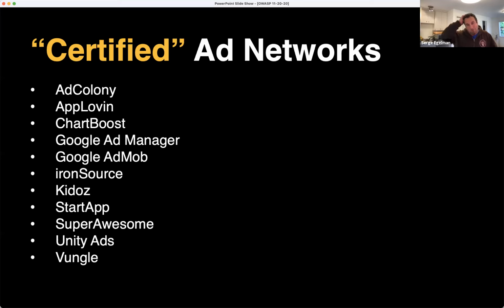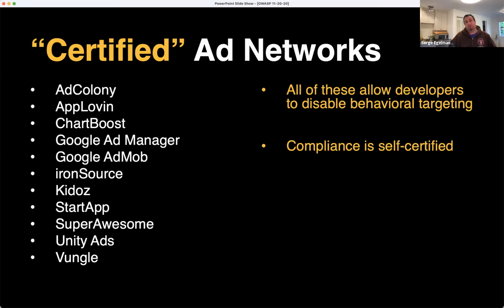And so now if you have an app that's targeted towards children, you must use one of the approved ad networks. Why are these approved? Well, all of these have configuration flags that developers can use to disable behavioral targeting to get into compliance. And so it's not just COPPA now, it's also CCPA. If you opt out of data collection, then that needs to be honored. And so you need to be sure that the third parties you're sharing data with are honoring that request.